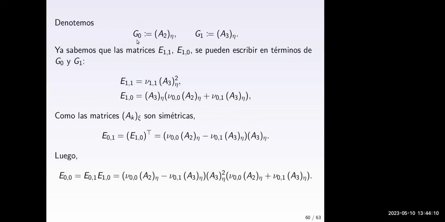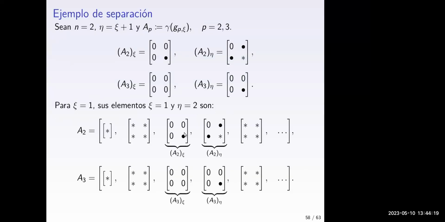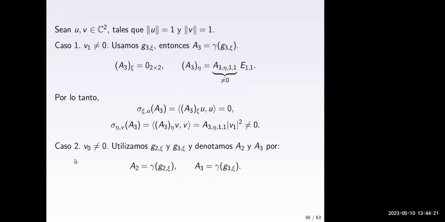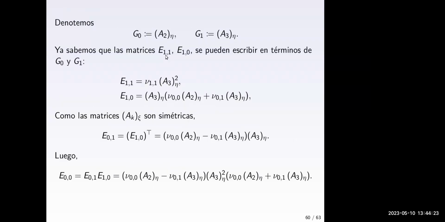Let's denote G0, A2 eta, and G1, A3 eta. We already know that we can construct E11, E12. We can write them in terms of G1 and G0 and U1.